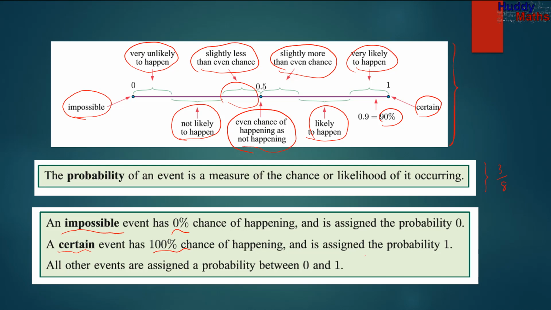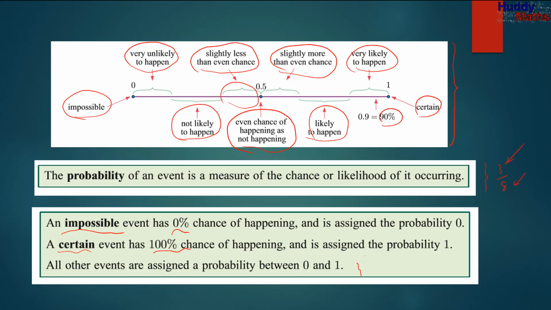And all the others are fractions, between 0 and 1. Why are they fractions? Because it's a number of possibilities that you're looking for, your event if you like, out of the total. So it's always going to be less than 1. It could be 1 if you'll settle for any of the outcomes.